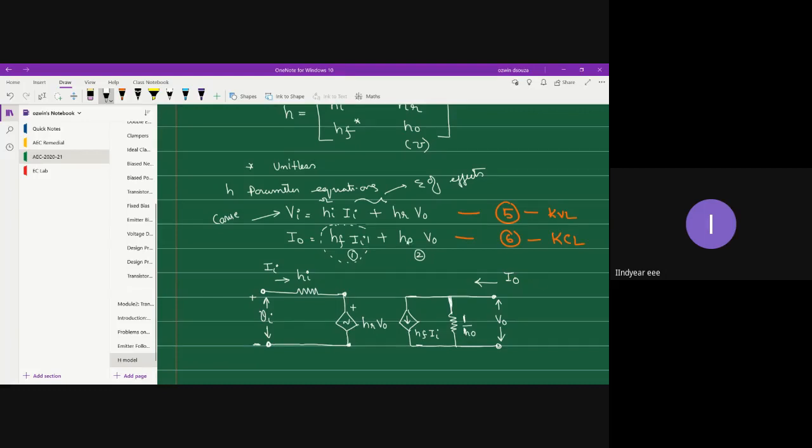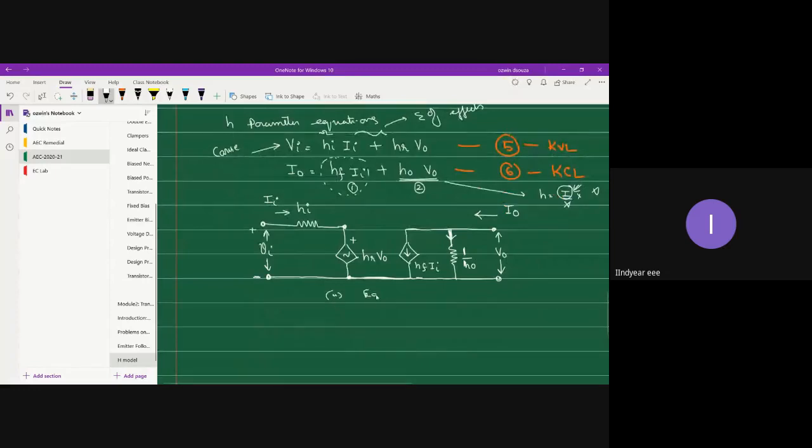Now, what is H? Current by voltage, right? Take it here. H is equal to current by voltage, and you're multiplying with voltage. So basically, this represents current through admittance. So this is the equivalent circuit of the H model.